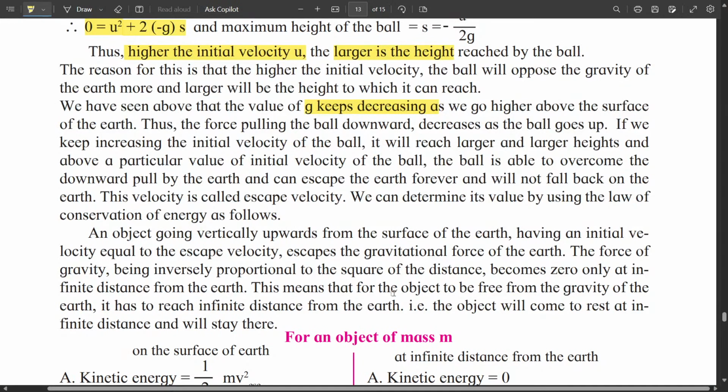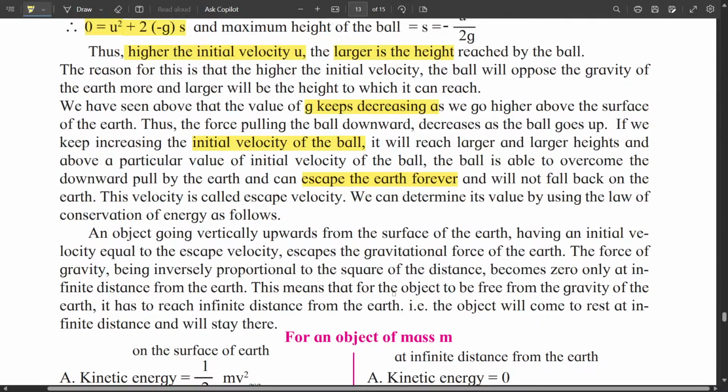If we keep increasing the initial velocity of the ball, then it will reach larger and larger height, and for a given specific initial velocity, it may escape the earth forever. That means it may be able to break the earth's gravitation and continue its motion forever.